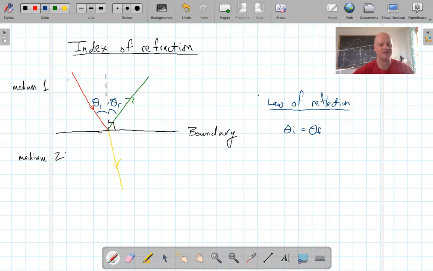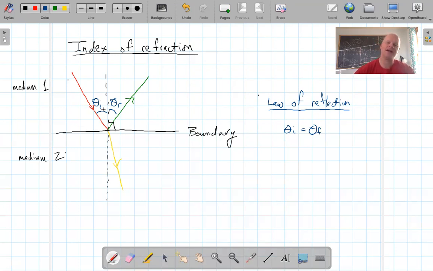Here I tried to draw this relatively straight, but even if it's a curved or bumpy surface, it's always going to reflect off at exactly the same angle relative to some local straight-line portion. As long as it gets reflected back into the same medium, the angle of incidence is equal to the angle of reflection.